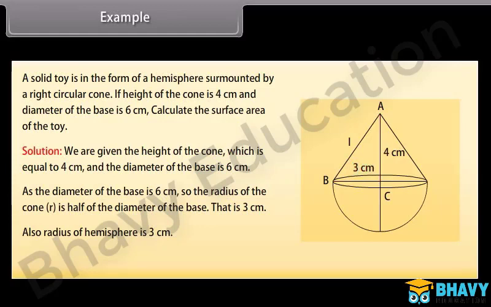Now to find the surface area of the toy, we need to find the curved surface area of the cone and curved surface area of the hemisphere. The curved surface area of the cone is equal to πrl. So, now we have to find the value of l, slant height.